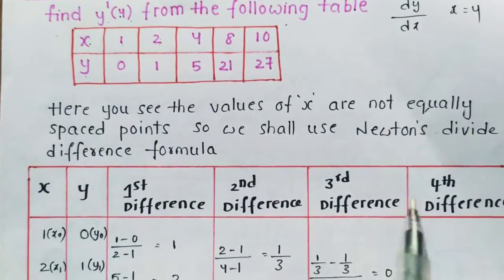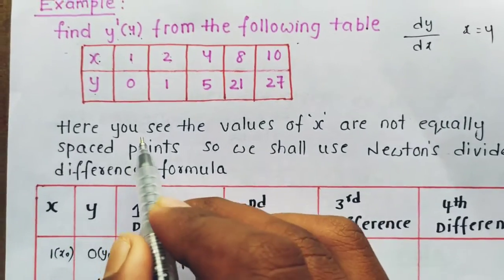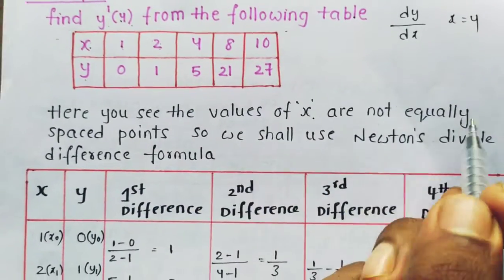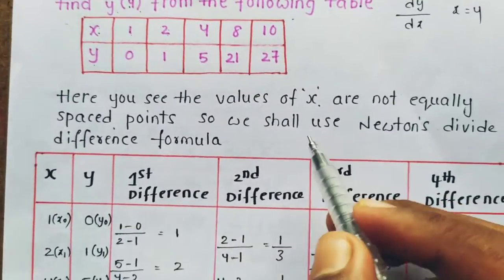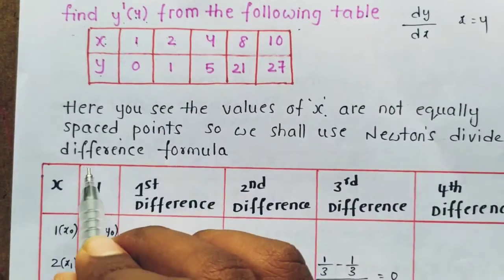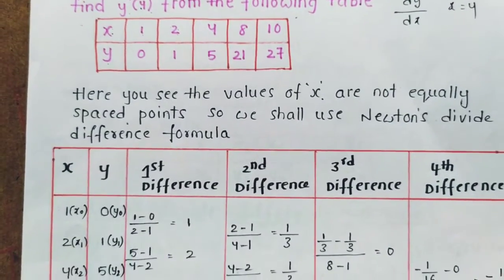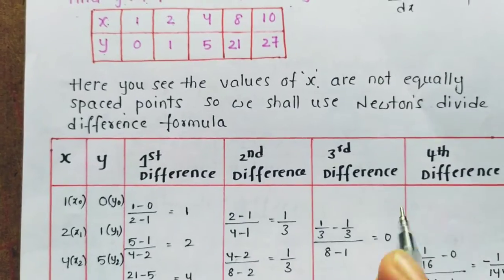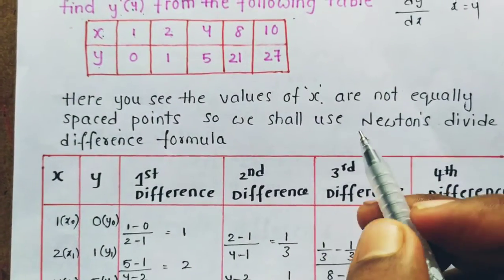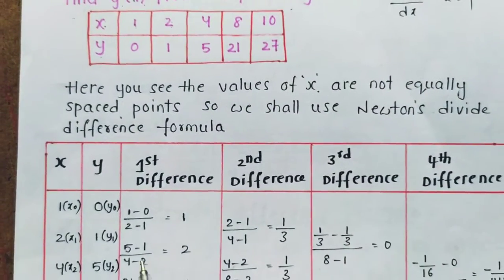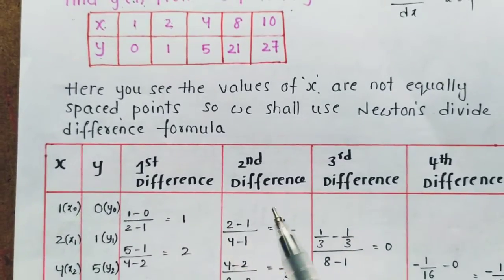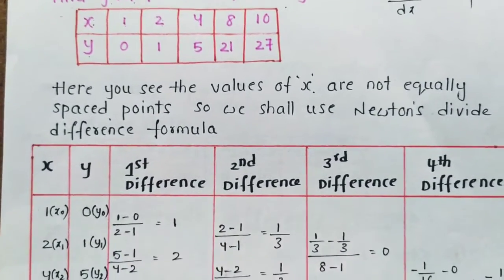Let's see the solution. Here the values of x are not equally spaced points, so we shall use Newton's divided difference formula. By using it, first we draw the Newton's divided difference table.